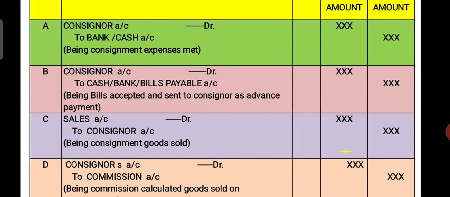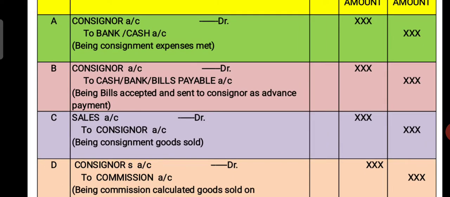Next, whenever we sell the goods on behalf of the consignor, then we write the entry. That is the C entry. What is the C entry here? Sales account debit to consignor account. In the amount column we write the amount. Narration: being consignment goods sold.